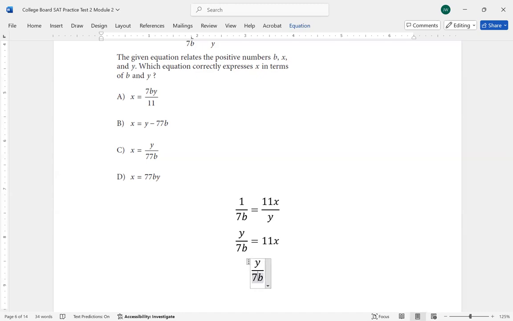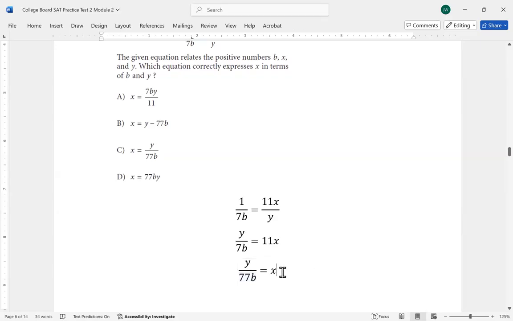And then when I divide by 11, one way to think about it is that 11 is going into the denominator. So it's going to be y over 7 times 11b. So dividing by 11 gives us a 77b as the denominator.